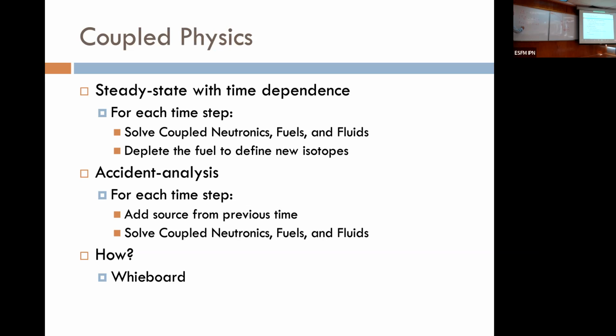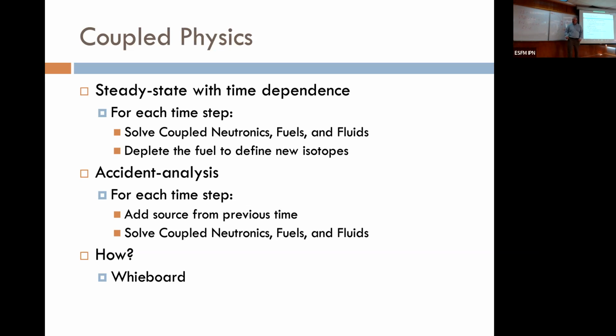And that is the same as L* ψ1 = Q*. I just add in the time dependent pieces. And so with time dependence, we still need to invert that problem. And if this were coupled physics, it would follow the same thing. We would add in some source from the previous time, a little bit on each side, and then we solve our coupled neutronics, fuels, fluids problem.